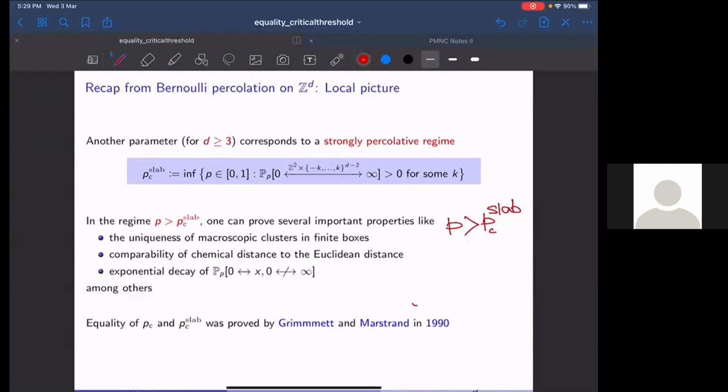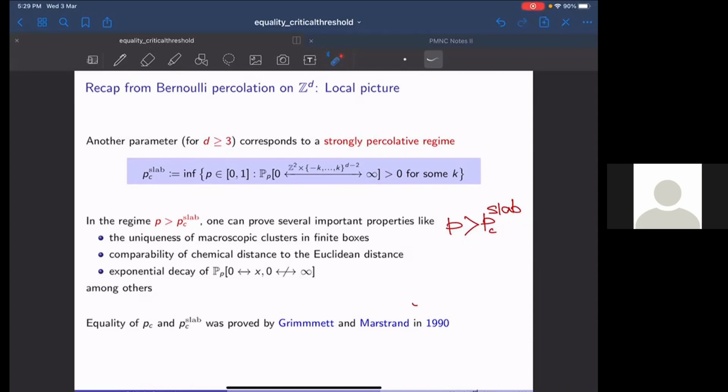And you can actually prove a plethora of other properties. For example, you can study the spectral properties of this infinite cluster, where this kind of thing would be a very crucial input, going to the invariance principle, etc.